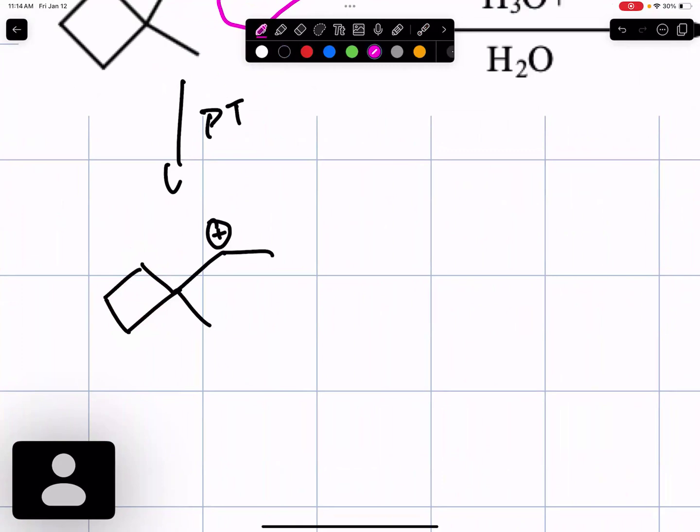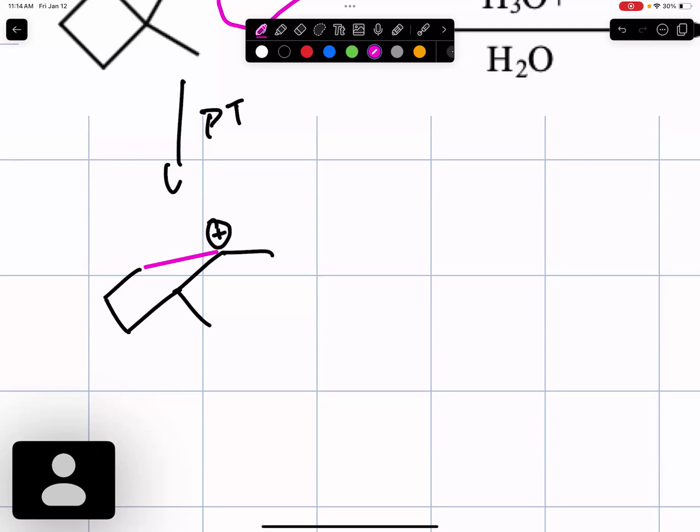So this bond here is going to break and is going to be reformed here. Okay, I'll do that one more time. This bond, this bond in pink is breaking and reforming here.